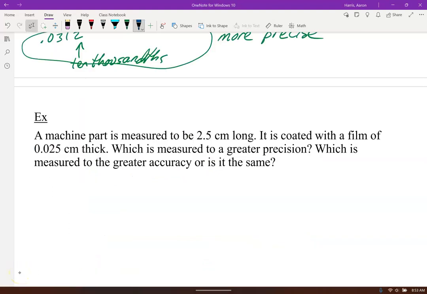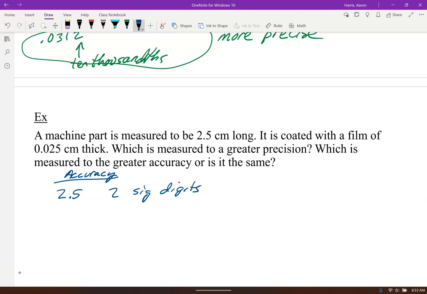A machine part is measured to be 2.5 centimeters long. So let's talk about accuracy first. So we have 2 significant digits.